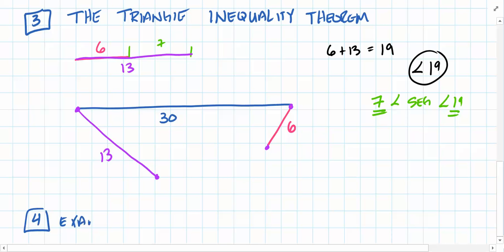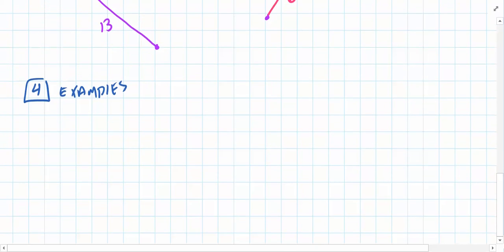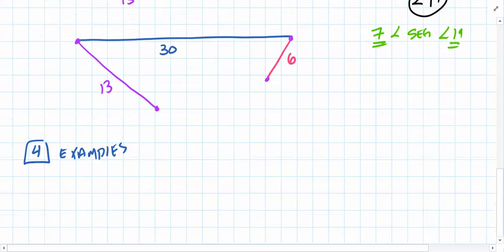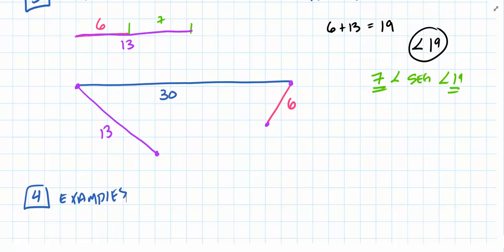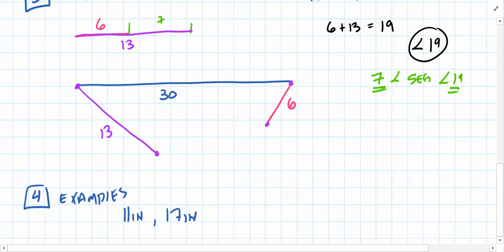Okay? Let's say you're given 2 sides. One side is 11 inches long, and the other side is 17 inches long. You're trying to come up with the third side.